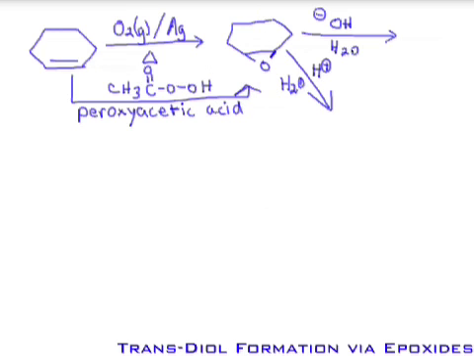Remember, in base, the nucleophilic attack goes on the less hindered carbon. In acid, the attack of the water goes on the more hindered carbon. In this case, they're the same hindrance, and you're going to end up with OH groups at both positions.